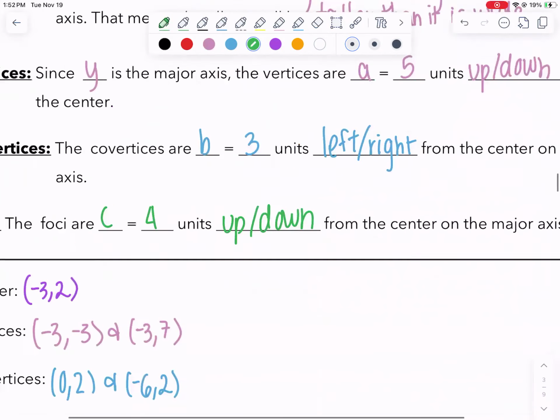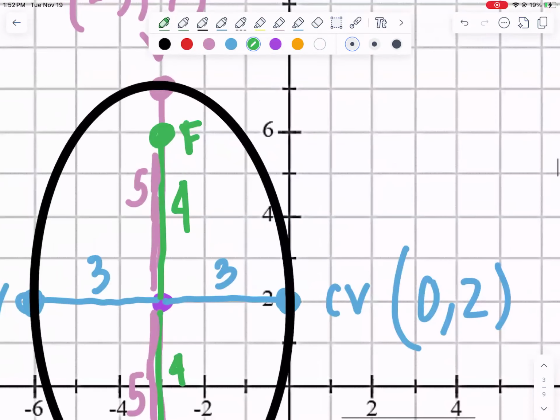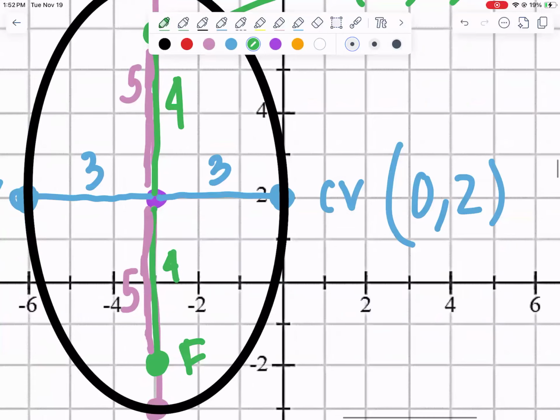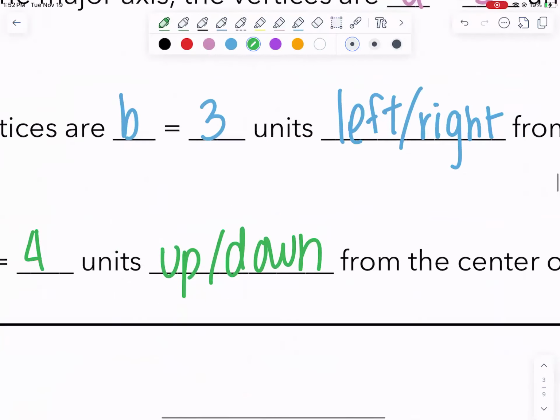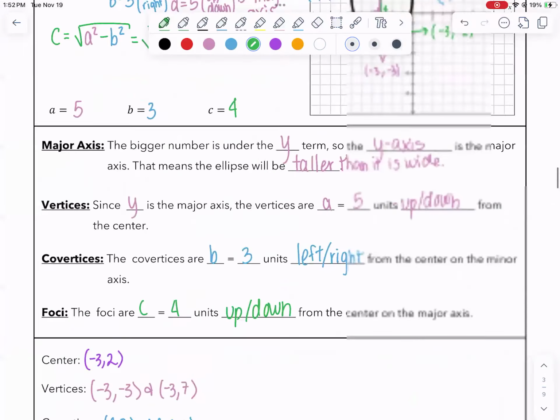The foci, this guy right here, is at (-3, 6). This one here is at (-3, -2). So (-3, -2) and (-3, 6).